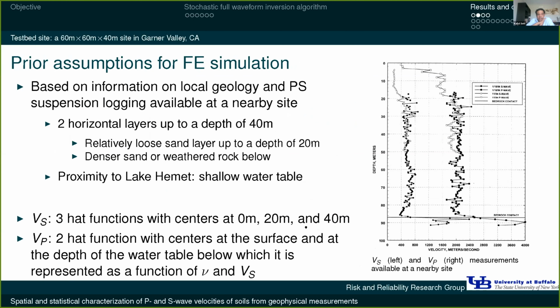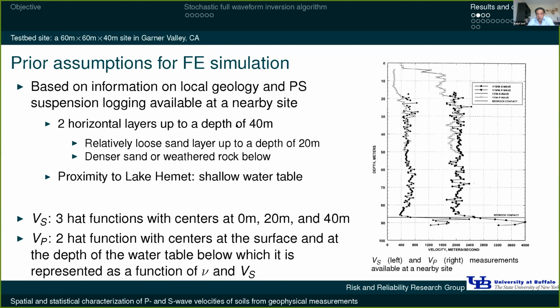Now, a simulation will require prior assumptions. For this example, we used local geology and PS suspension logging available at a nearby site for the prior assumptions. The figure on the right shows the Vs and Vp measurements available at a nearby site.